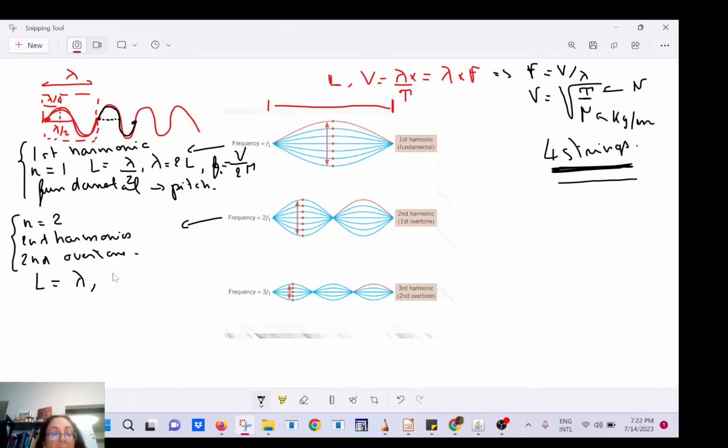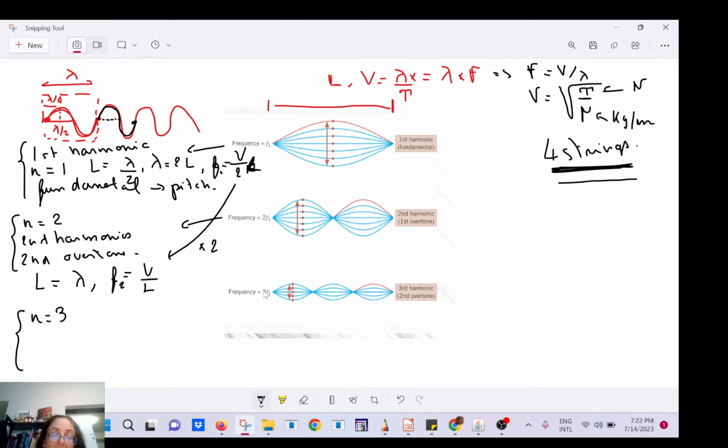In that case, the frequency equals V over L. So that will be the second frequency. How do you go from here to there? You multiply by 2.